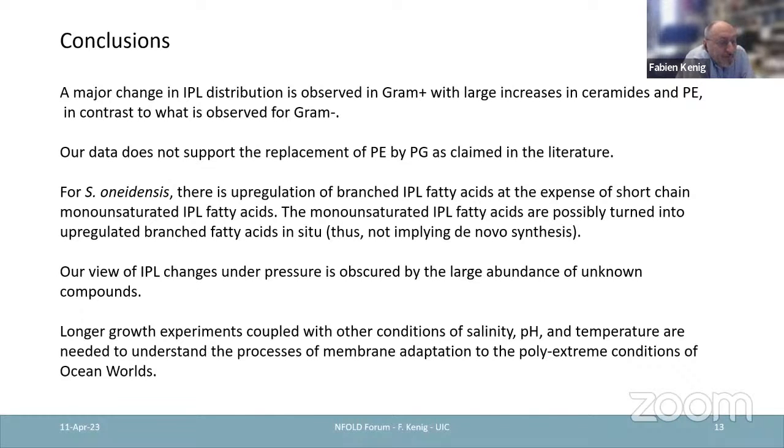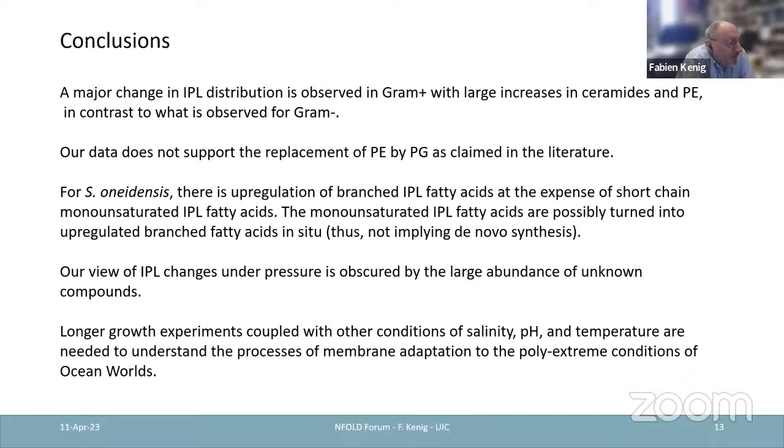These type of experiments will really lead to a better understanding of adaptation to these extreme conditions. So these poly-extreme conditions: high salinity, high pH or low pH, and as well as of course temperature, because it is relatively cold.